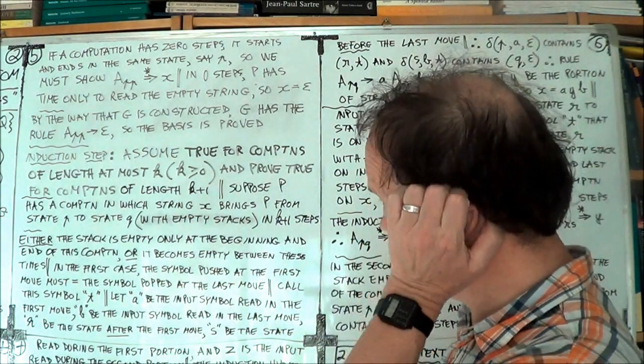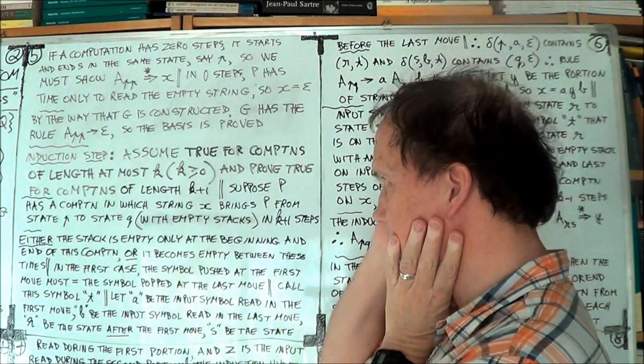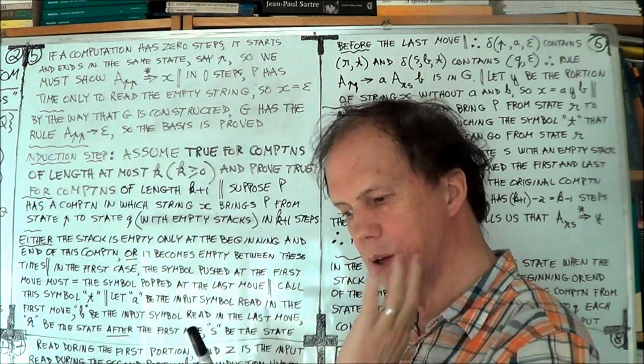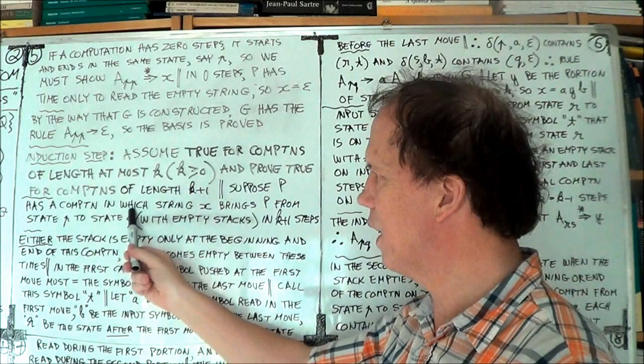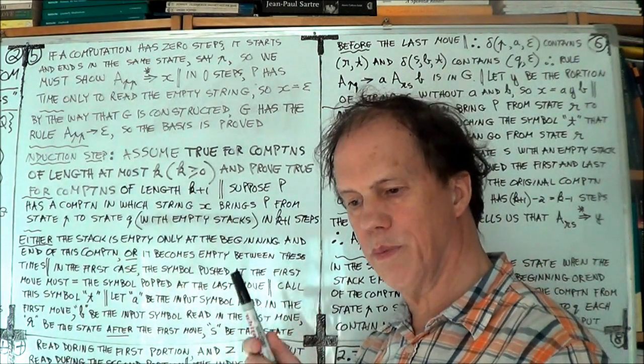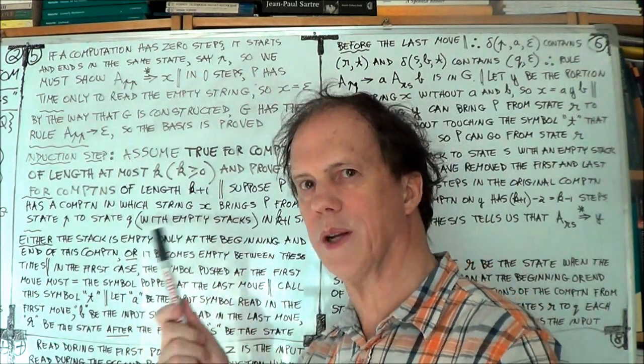Now again we have the 2 cases. The stack can empty only at the end, when it goes to state q, or it can empty prior to that, so it will empty twice or 3 times, more than 1 time.